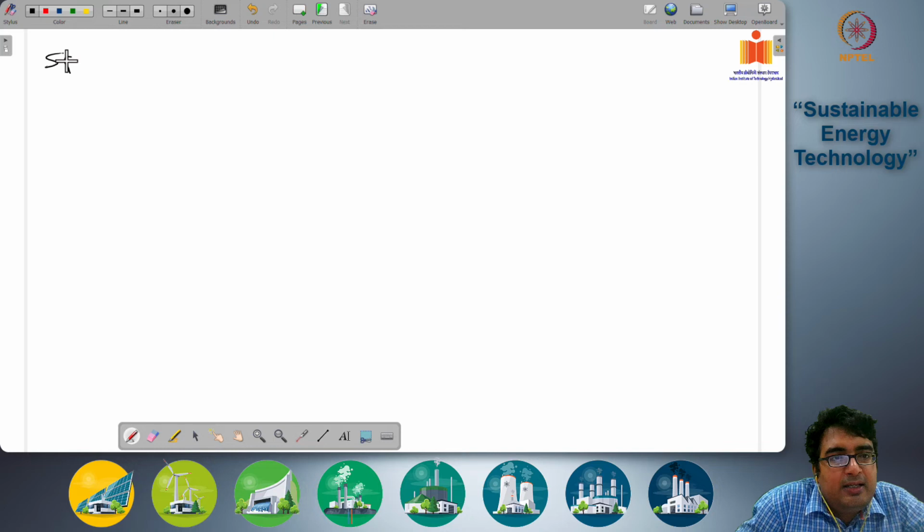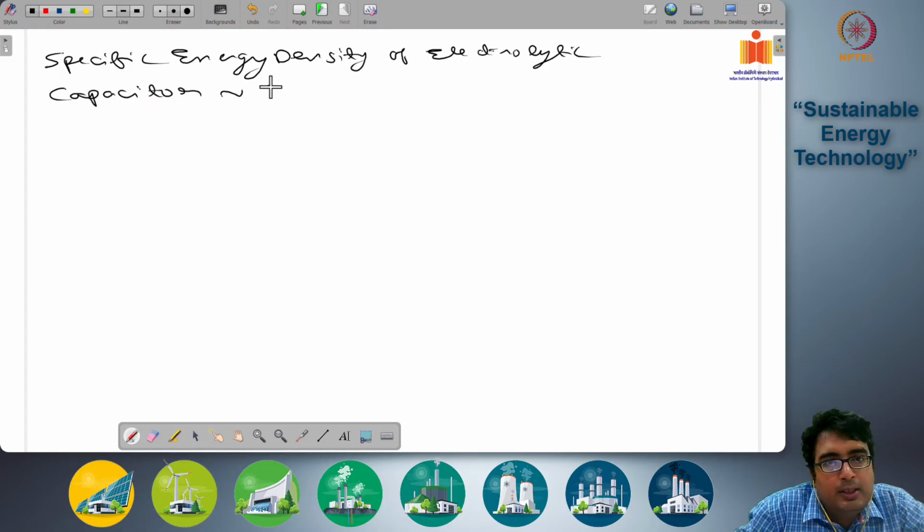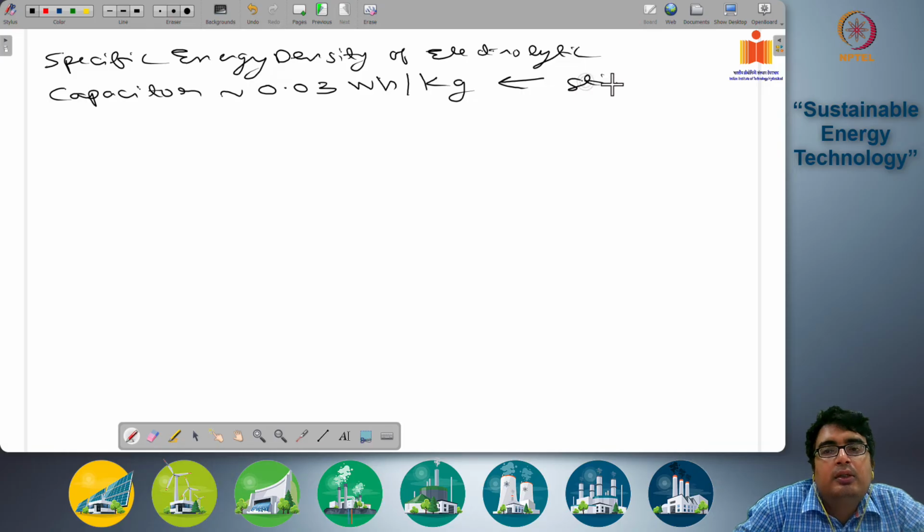So the specific energy density of electrolytic capacitors is of the order of 0.03 watt hour per kg. So it's still small.